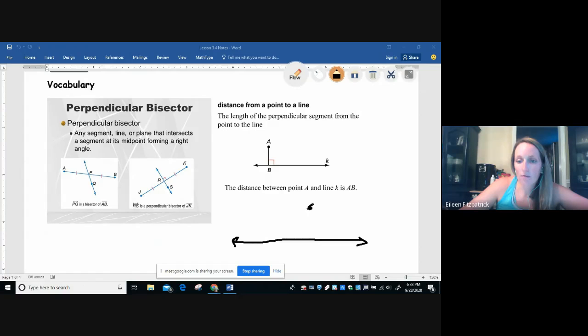If you want to know how far away that point is to the line, you're going to measure it by sketching a perpendicular segment down to that line, and that perpendicular segment is going to represent the distance from the point to the line, okay? All right, let me move on.